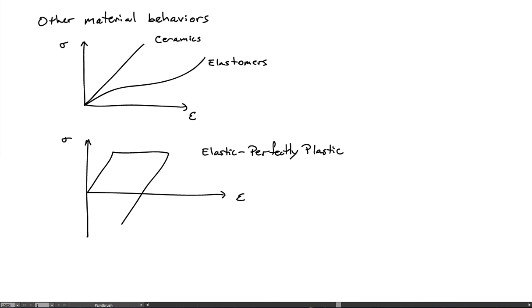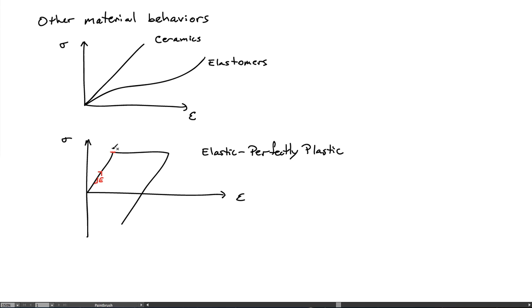There's another type of material behavior which is known as elastic perfectly plastic. So this is an idealization, actually, of real material behavior, but it's an important model that you hear about. And this is applicable to ductile materials. In this case, you have a response where it's initially elastic with, say, a Young's modulus E, but then at some point you have constant stress values.